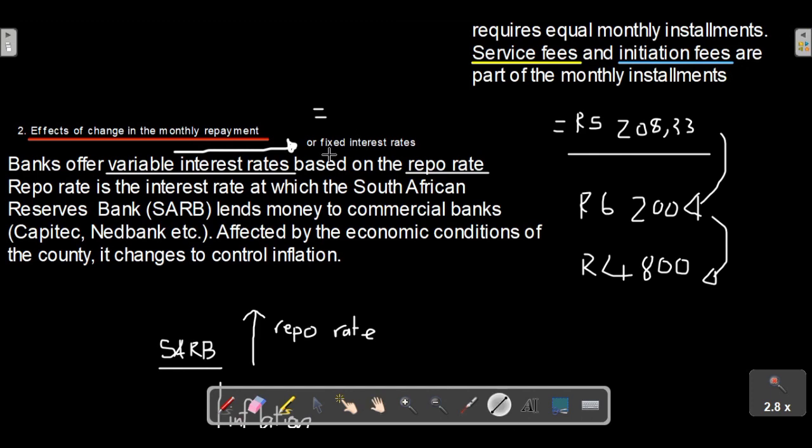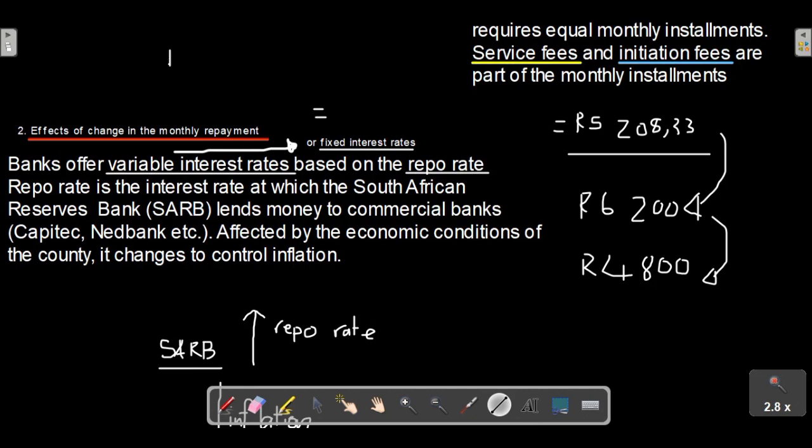So for the fixed interest rate, it really depends. You have to choose, but the standard interest rate is a variable interest rate, and so you always have to apply for the fixed interest rate, and of course it's for a certain period.